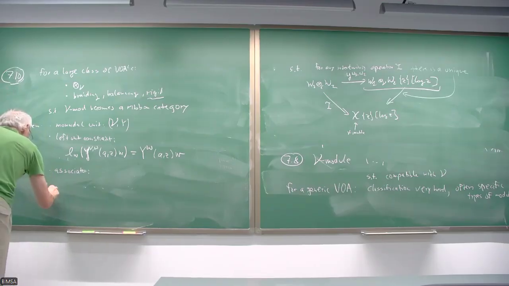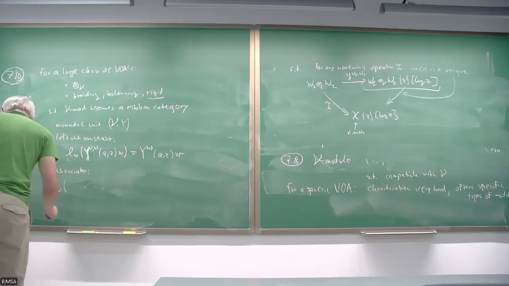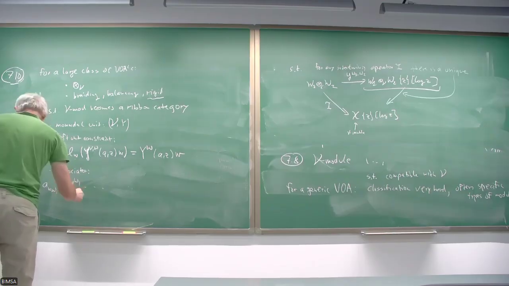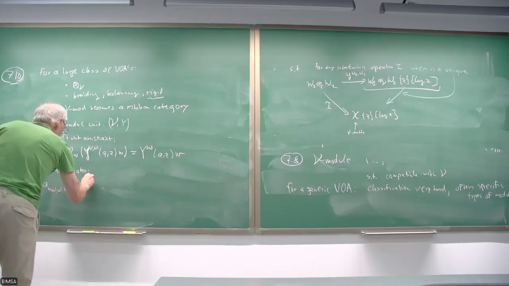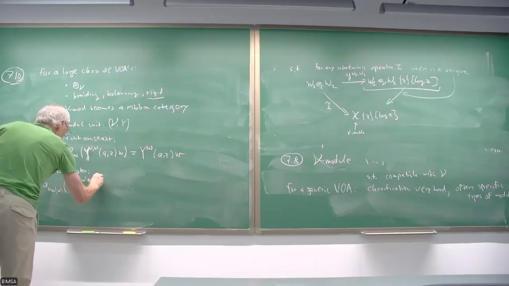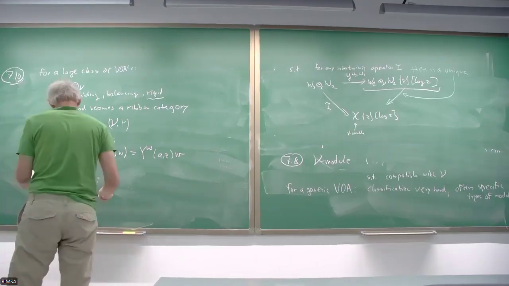If I look at its component at W, W prime, W double prime, then applied to the intertwiner for W and W prime, tensor over V with W double prime.